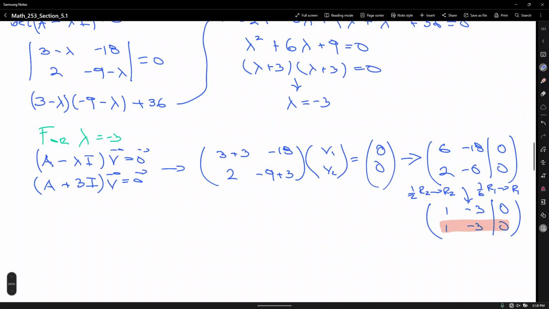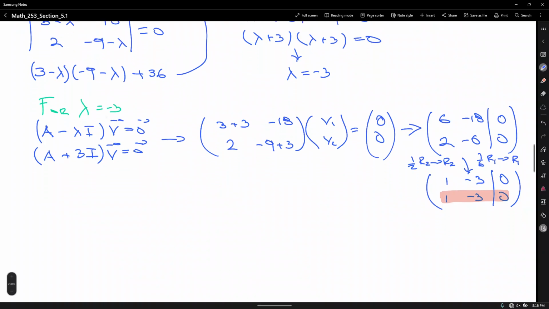Now that we have a reduced matrix, let's decode it back into a more simplified system. However, we're not working with x's and y's. Our variables here are v1 and v2. So the equation is 1 times v1 minus 3 times v2 equals 0. So v1 equals 3 v2. Because of the nature of the solution to the system, the system has infinitely many solutions.